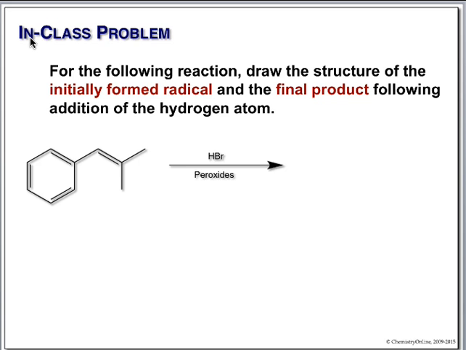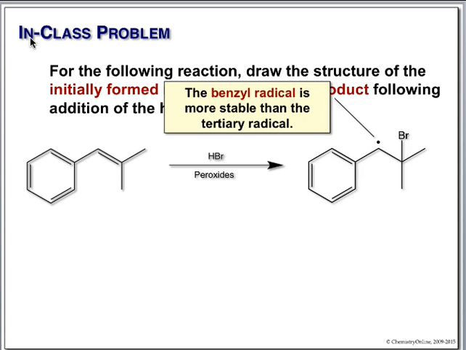So what we're supposed to do is draw your initially formed radical intermediate. And this is going to be, again, on the benzylic carbon. Step one, we add bromine radical to get the most stable radical we could form. Once we've made the carbon radical, that's very reactive. It will react with another mole of HBr. It will pull a hydrogen off, hydrogen radical.